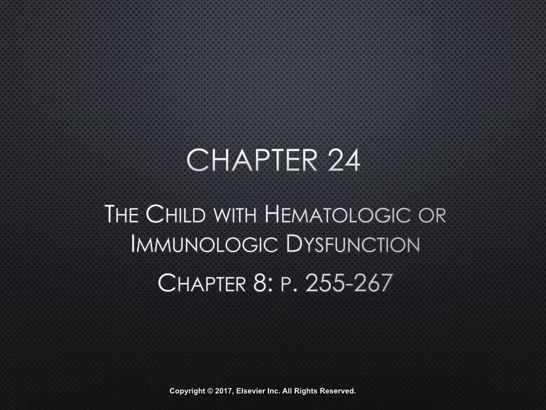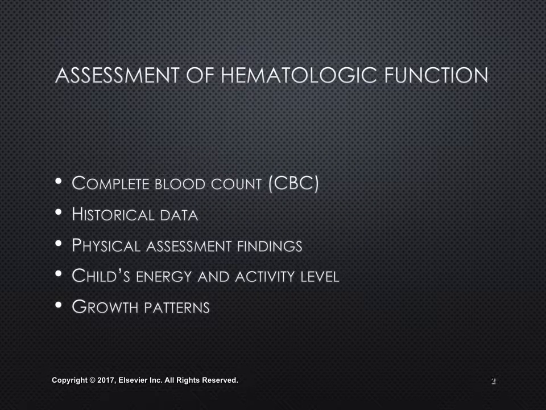Hi, so this chapter is about children with hematologic or immunologic dysfunction. The assessment of hematologic dysfunction includes looking at a CBC, reviewing historical data, and looking at physical assessment findings that kind of goes along with looking at historical data, except we're looking at what's going on right at this particular time.